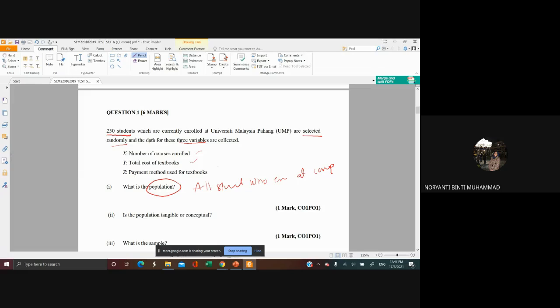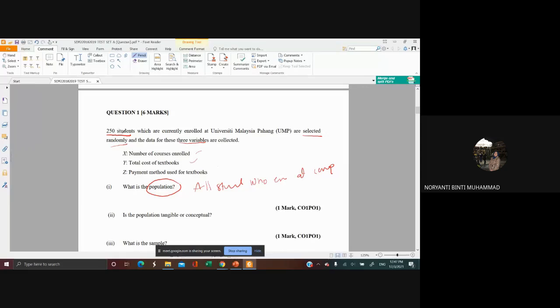Dia tak cakap pun first year. Kalau first year mungkin reasonable. Sebab tu bila you baca ayat tu, you must understand clearly. Itulah statistik punya part yang sometimes kita rasa student confused. Okay? Tapi you kena tengok betul-betul ayat dia. So sebab tu bila dia kata what is population, the entire, the whole, okay, the whole yang you focus.